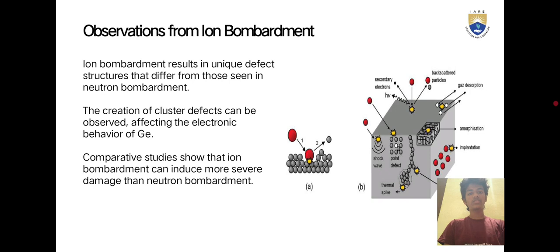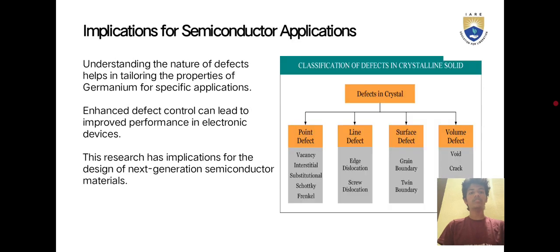The creation of cluster defects can be observed affecting the electronic behavior of germanium, which is a fourth group element in the periodic table. Comparative studies show that ion bombardment can induce more severe damage than neutron bombardment. There are more differences between ion and neutron bombardment. Let's dive into the next slide.